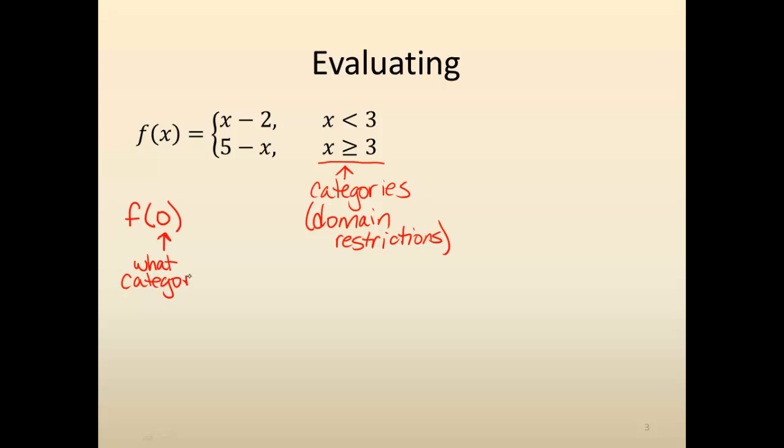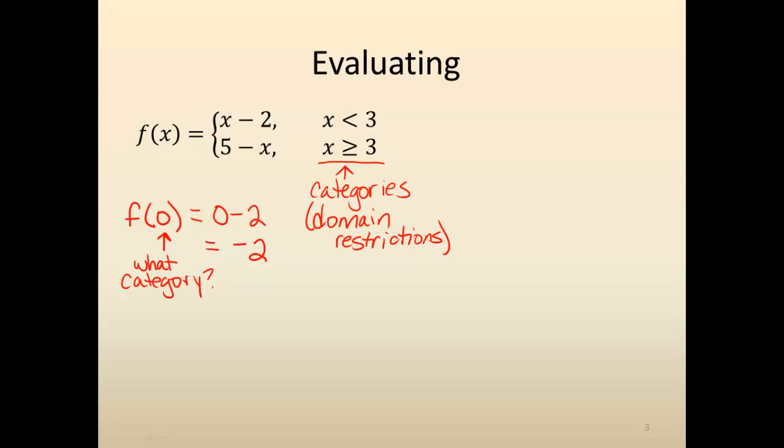What category does the 0 fit into? The top one or the bottom one? Well, 0 is less than 3, so I'm going to put it into the top formula. 0 minus 2, which ends up being -2. I get to ignore the bottom category because the 0 doesn't fit in there.